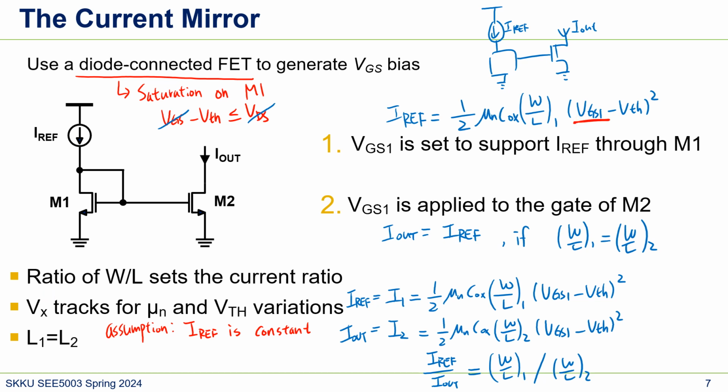Vx means here. So here's x, and Vx is VGS1. So VGS1 tracks mu n or VTH variations, because in the previous slide we talked about PVT variation, but now since we have a golden current source, this forces M1 to flow this Iref. So if these values are changing, then VGS1 has to track them. And again, the assumption is Iref is constant.